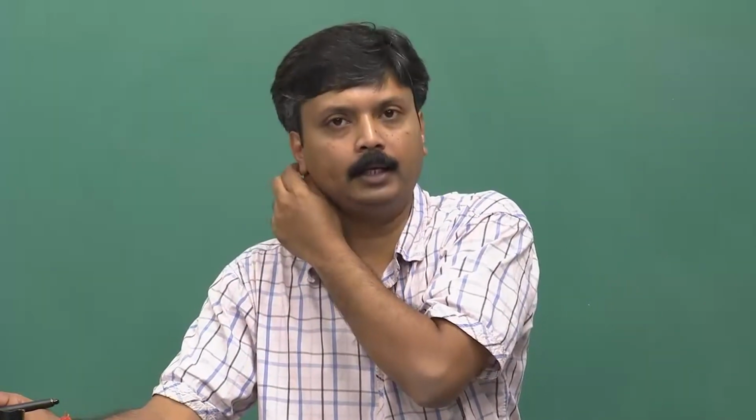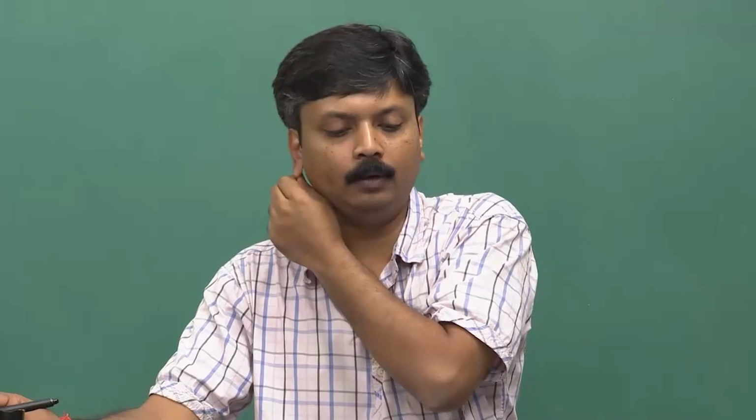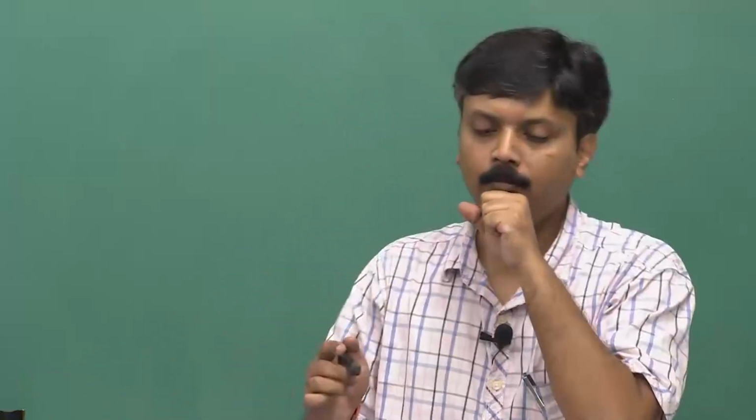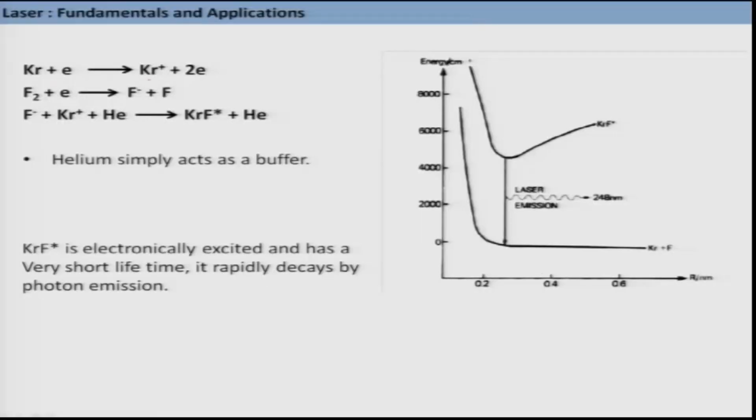Krypton and fluorine do not react in the ground state, but when they are bombarded with electrons, due to electron impact, krypton becomes Kr+ and fluorine becomes F-. Now this F- and Kr+ are in the excited state, and at that condition they form this complex KrF.